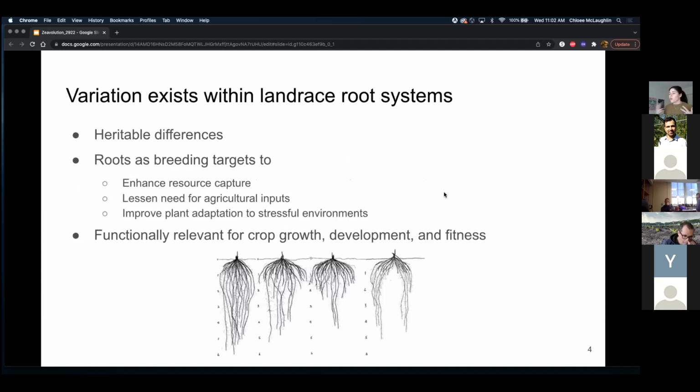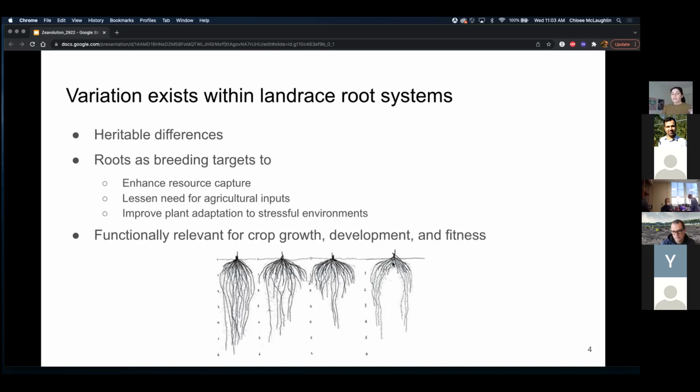There's been a real push to think about roots as breeding targets for enhancing resource capture, lessening the need for agricultural inputs, and improving plant adaptation to stressful environments. To illustrate a couple of phenotypes being thought of as potential breeding targets: steeper roots have been established as potentially adaptive for reaching water available lower in the soil, very helpful for a drought-limiting environment.